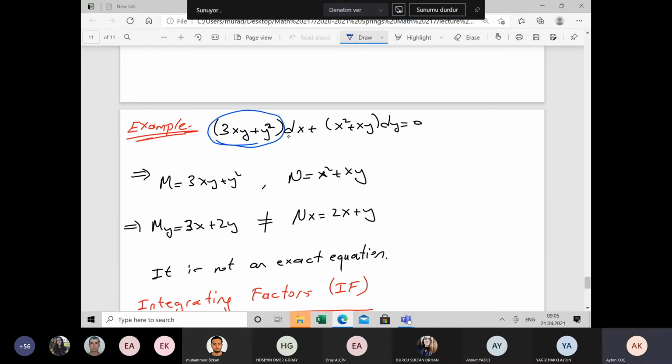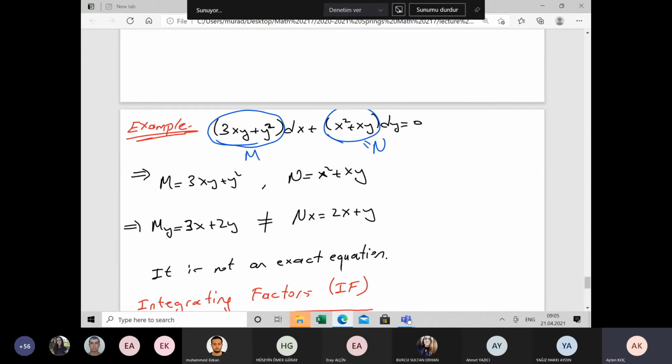The coefficient of dx is denoted by M. This one is denoted by N. So how to check whether it is exact or not? Be careful: the coefficient of dx, M sub y, and the coefficient of dy, N sub x. It should be M sub y. M sub y means the derivative with respect to y, and we consider x as a constant.